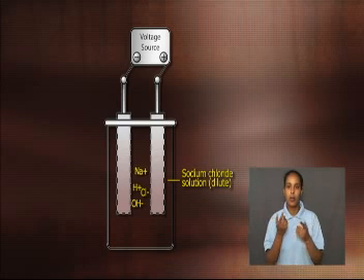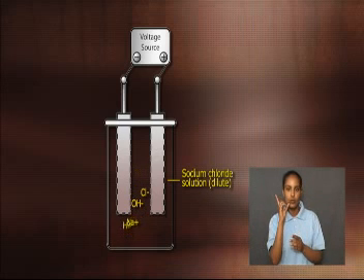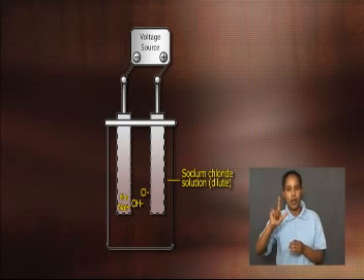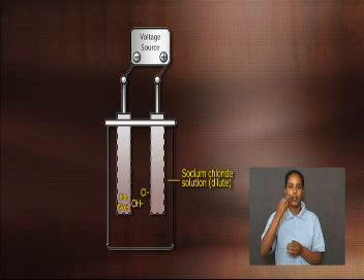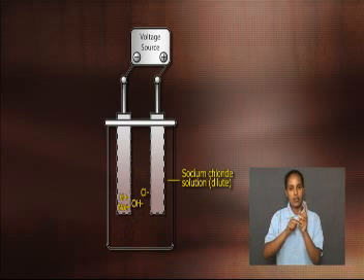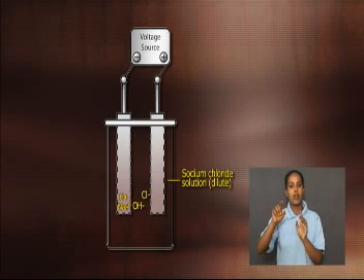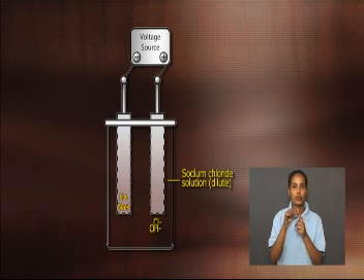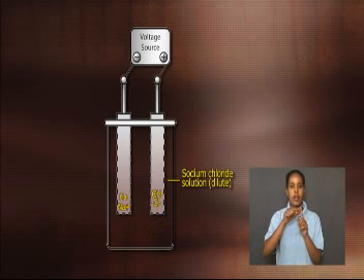Whereas in a dilute solution of sodium chloride, the hydrogen plus ions are discharged from the cathode in preference to the sodium plus ions.